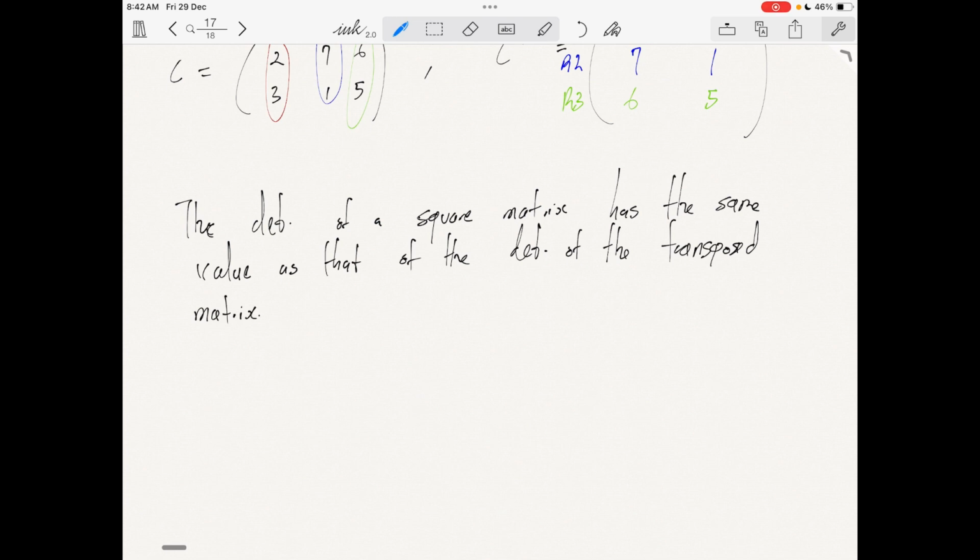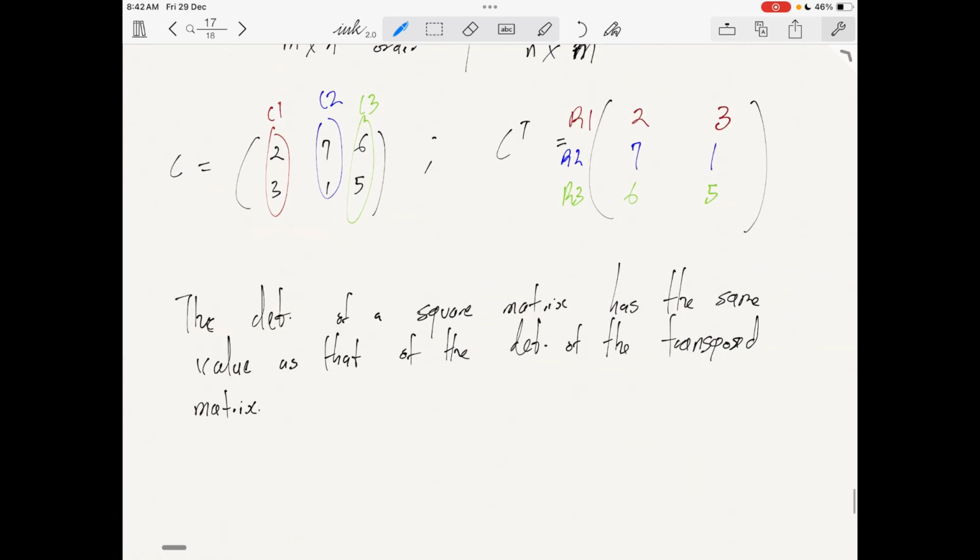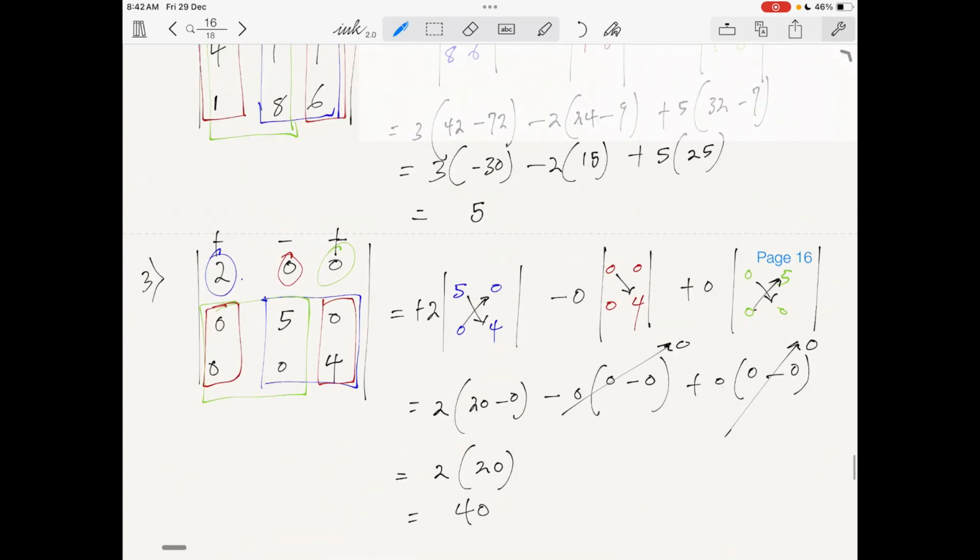This is very important, such that when we look at the square matrix, let's go back to the square matrix we had from the beginning.